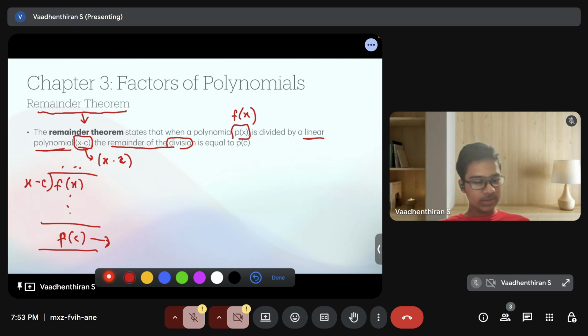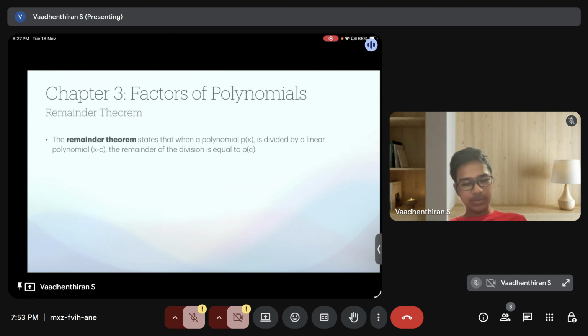As you know, in normal division, if the remainder is 0, then this is a factor of this. But if f of c is not equal to 0, then that is the remainder. This is how you find the remainder of any polynomial divided by a linear polynomial: you get the remainder f of c.